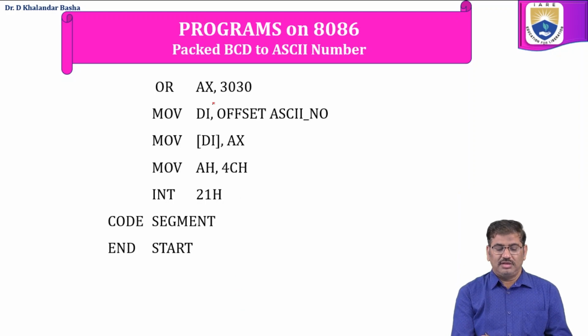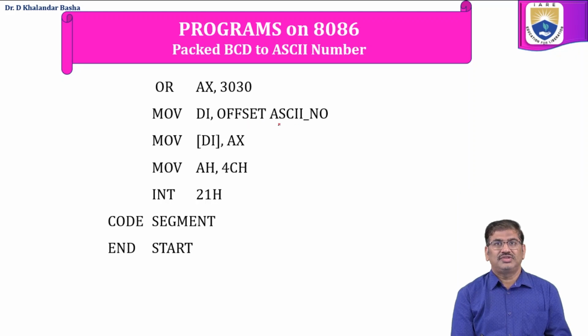Next, the unpacked BCD number in the AX register will be ORed with 3030H to generate the ASCII equivalent of the unpacked BCD in the AX register. Now the AX register, which is holding the ASCII number, we are going to load into the memory by fetching the address of the ASCII number in the data segment using the OFFSET directive.